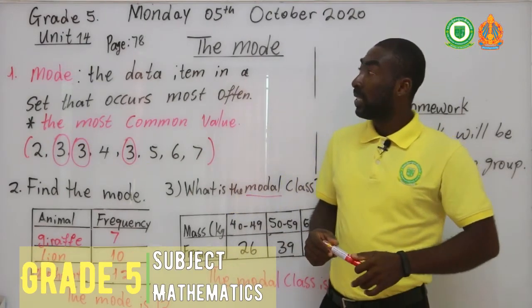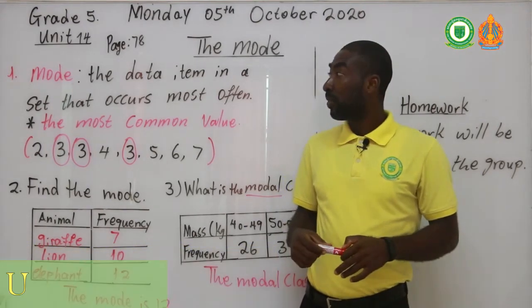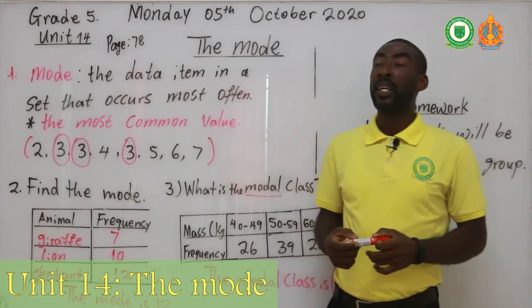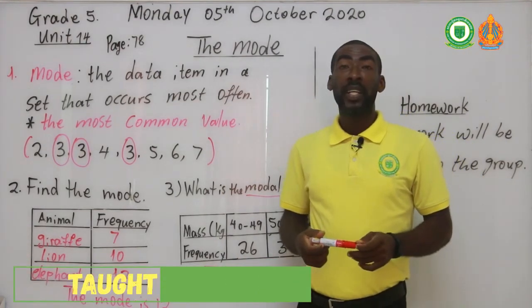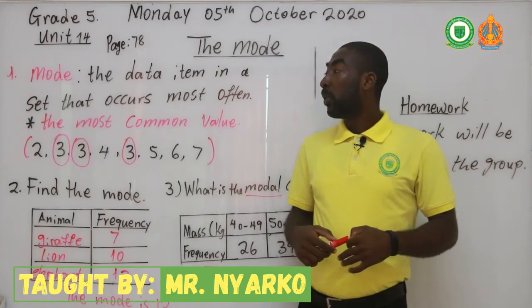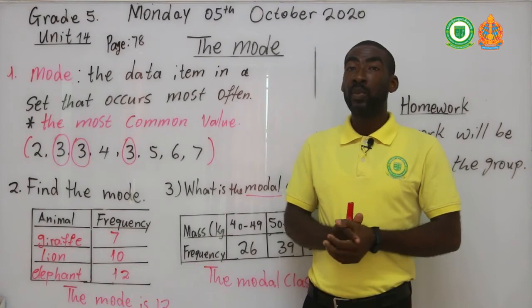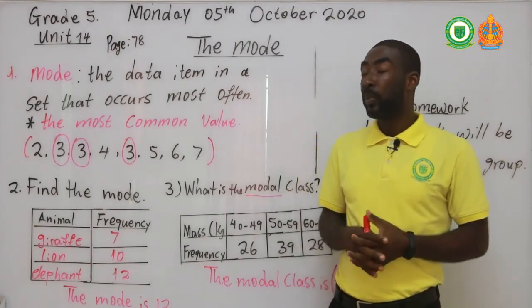I hope that this lesson has been interesting for all of you and you have really understood your lessons today very well. The topic is the mode, and we look at how we can find our mode. In a simple set of numbers, it's always easy to identify the number that appears the most to be your mode.